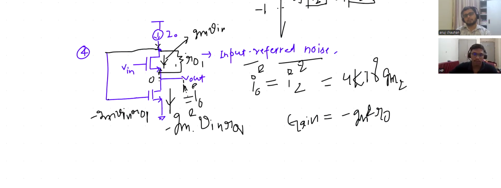That will give you capital GM or GM square? Because you have mean square current, it is GM square.